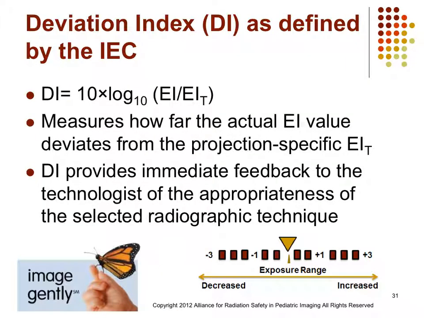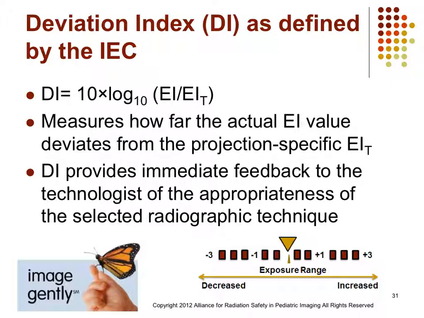So the DI, or deviation index, measures how far the actual EI value deviates from the projection-specific EI sub T. It's going to make use of this particular formula, and when you see log, it just means it's a logarithmic scale, so it's not a true linear-based scale, so it's not directly proportional. And we'll talk about what those proportional differences look like coming up soon.